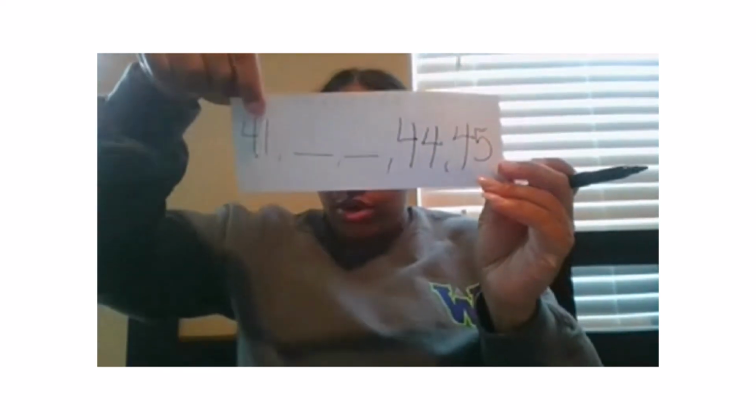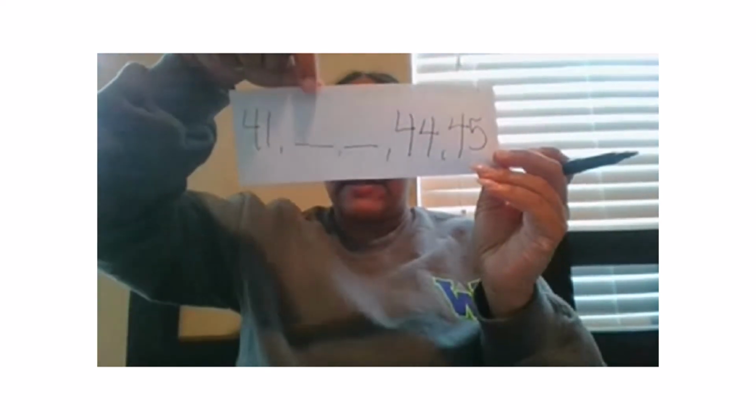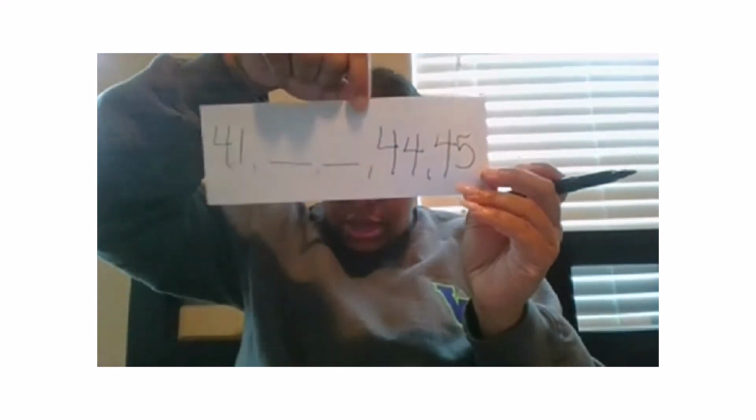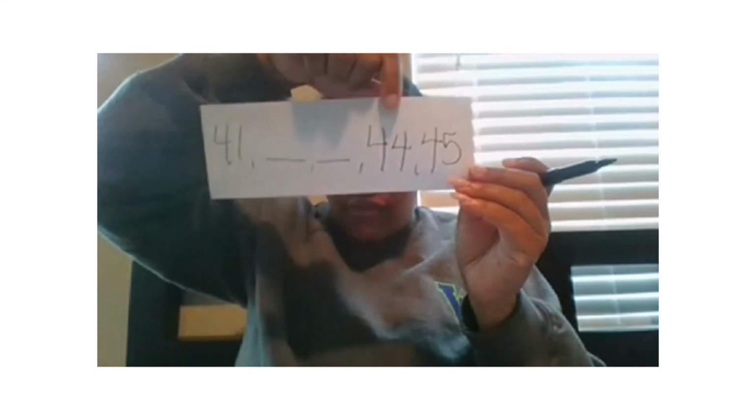If I have 41, what would be next? 42, what would be next? 43. Okay, then you have 44, 45. I want you guys to really practice that. We'll be doing some of those for fluencies tomorrow, just because I want you to be able to identify the magic numbers in between the tens.